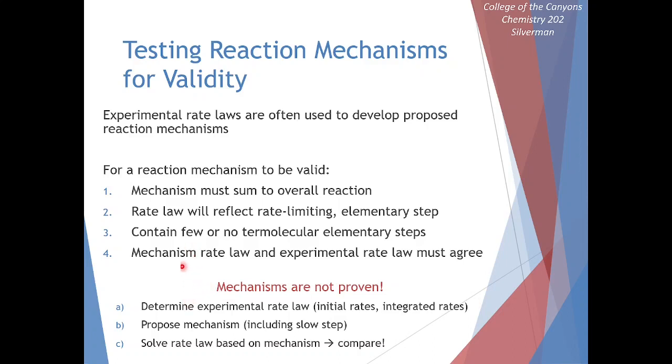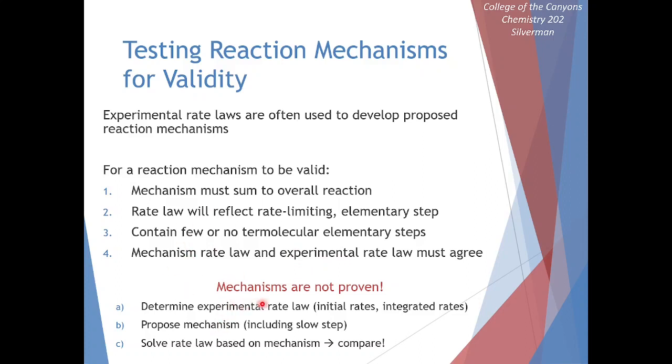So, okay, if you want a good mechanism, it needs to add up to the overall reaction that we have. It needs to include our slow step, which will dictate the rate of the reaction. Our mechanisms can be unimolecular steps or bimolecular steps. And any experiments that we do should agree with the mechanism that we're proposing.